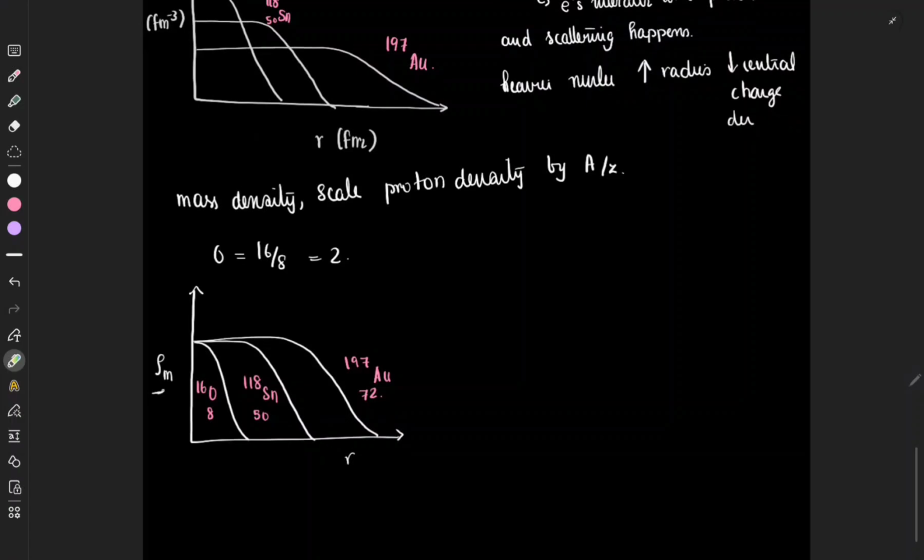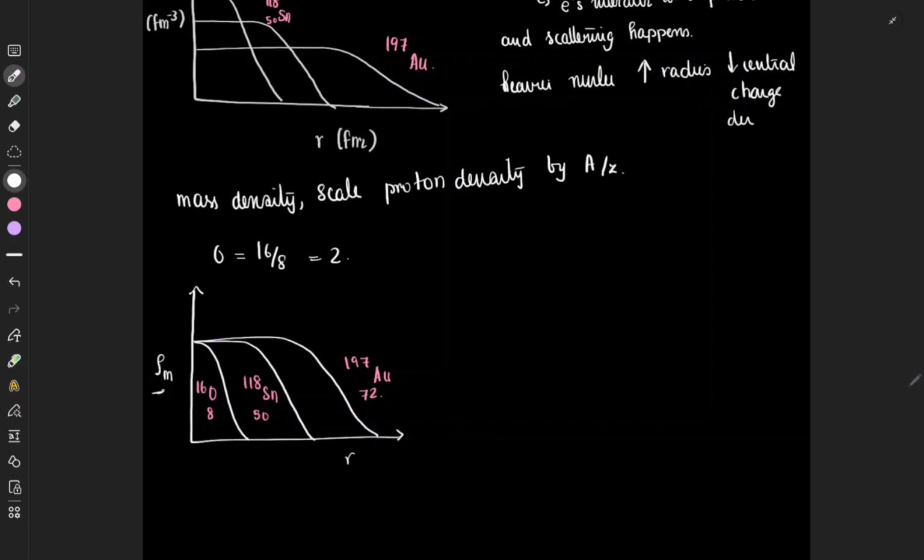You just have to multiply by A by Z. As a summary, the graph typically means nuclear matter has a saturated interior. The central region of almost all nuclei looks the same, and the nuclei have a fairly sharp surface rather than fading gradually. And next, the point where the density drops to half its maximum value is used to define the nuclear radius.